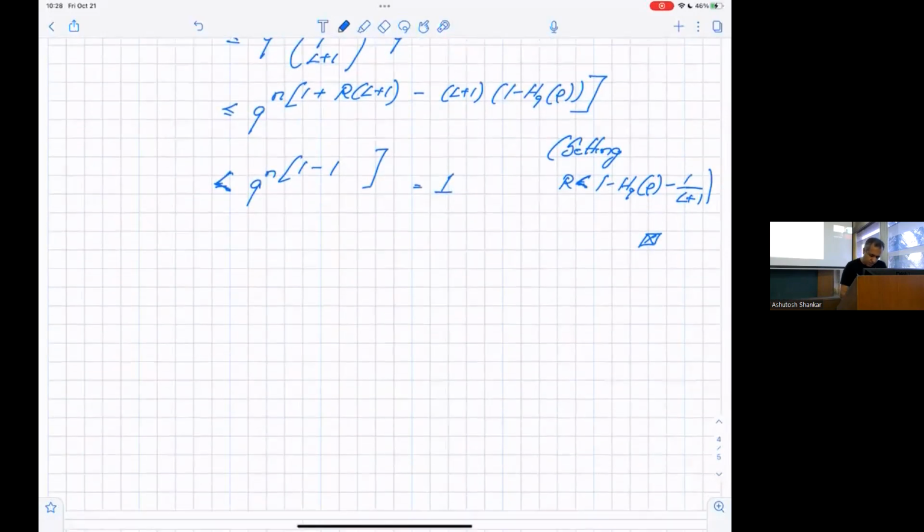Hence the impossibility and achievability curves match.